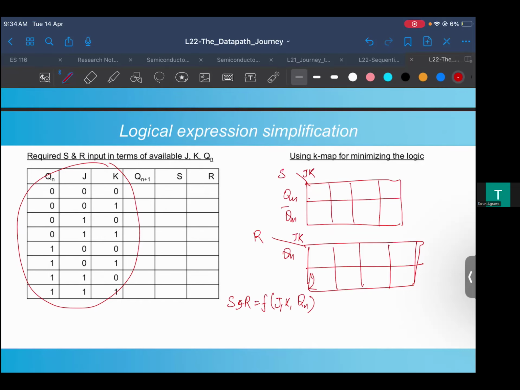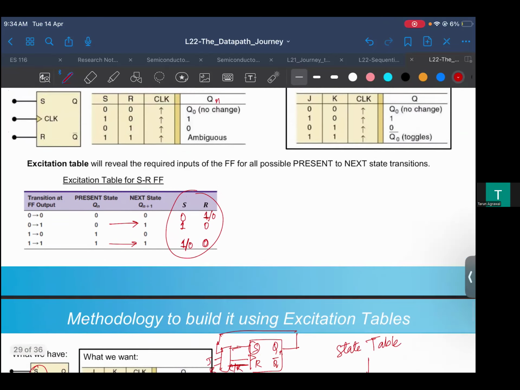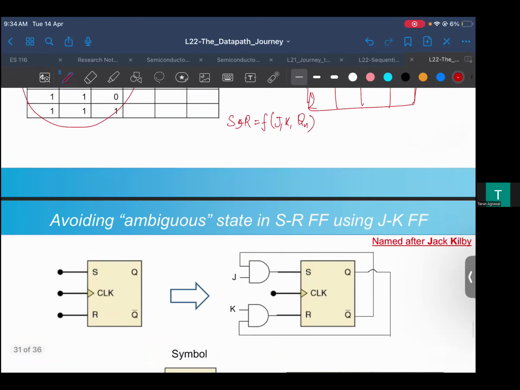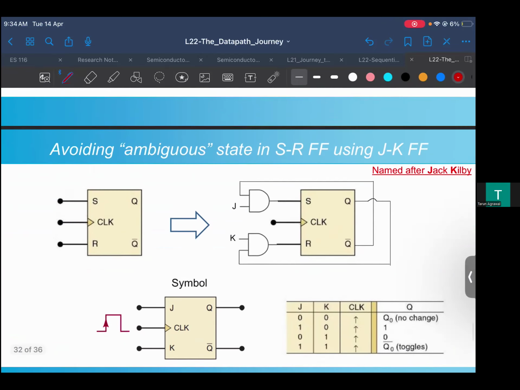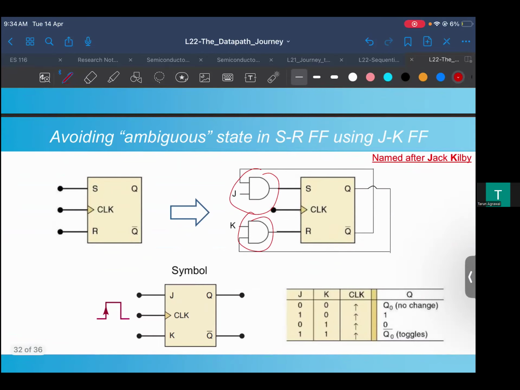Once I get this, I am able to decide what state this should go into, but I am making that using this circuit. When you do this, you will get simple AND operations for S and R. Then you can make this circuit, which gives you this kind of truth table, also known as the JK flip flop, right?